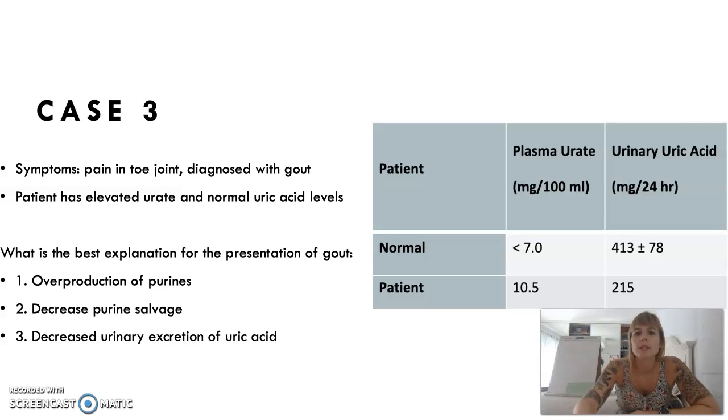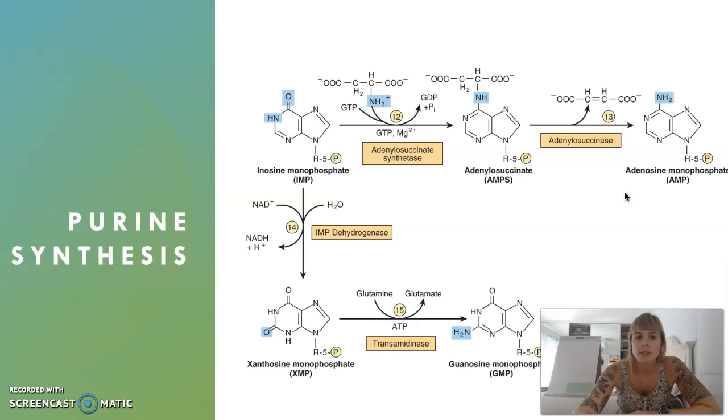And over on the right side in this table, you see his blood lab results. So the plasma urate is elevated, but the urinary acid and urinary uric acid is within a normal range. And we have overproduction of purines, decreased purine salvage, and decreased urinary excretion of uric acid as our choices.